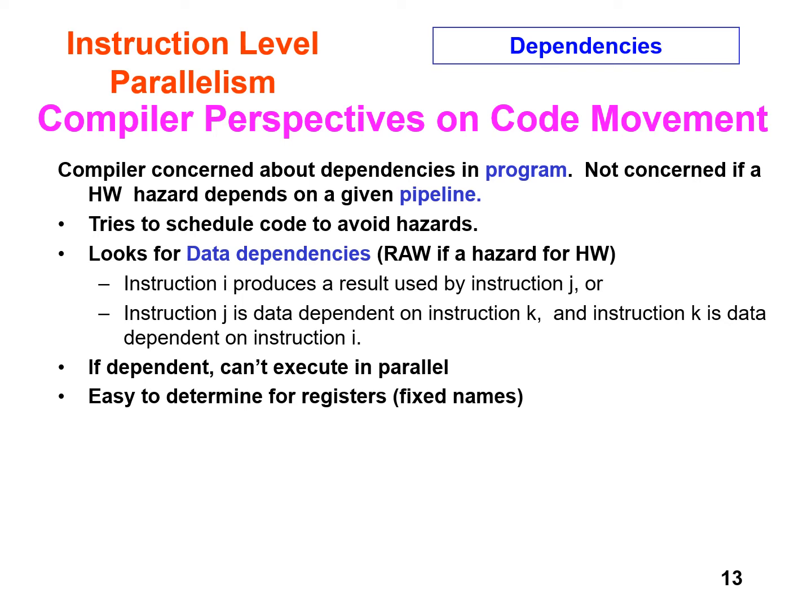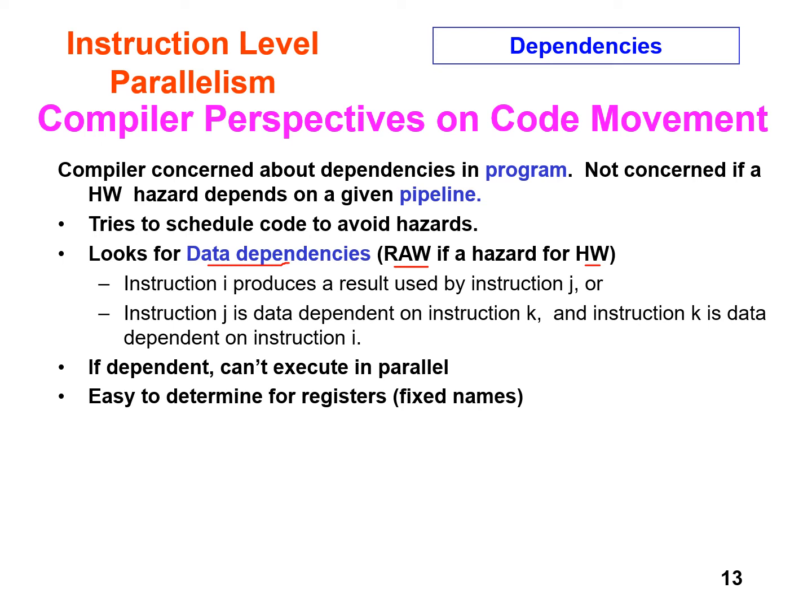In order to do the scheduling, what are the compiler perspectives to be supported by the compiler? First we have to look for any data dependency. What is a data dependency? RAW is a hazard for hardware, where HW means hardware. RAW means read after write hazard.